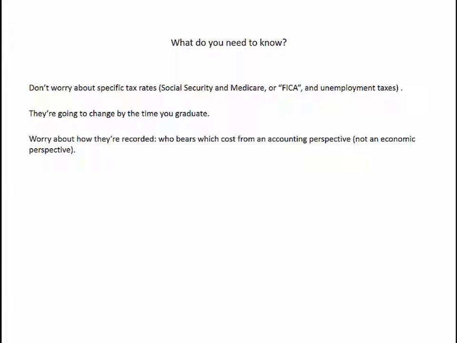Just recently, for example, we had the tax cuts a few years ago. They temporarily lowered the payroll tax rates, the Social Security and Medicare tax rates. The idea being, of course, that lowering tax rates will induce employers to hire more people. The economics of that, I'm not sure how sound that was.